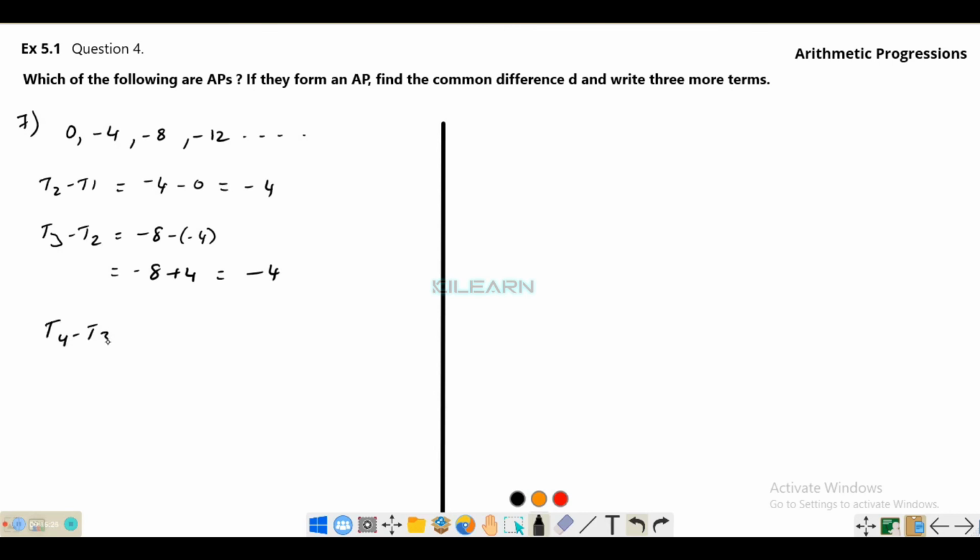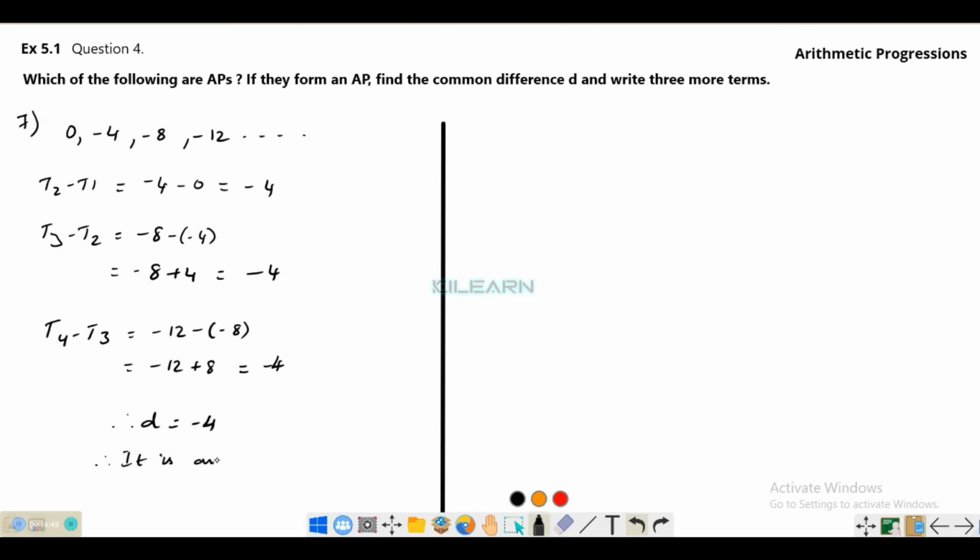T4 minus T3, minus 12 minus of minus 8, minus into minus is plus 8, which gives us again minus 4. The bigger value has the minus sign, so it's minus 4. Therefore, D is equal to minus 4 and it is an AP.